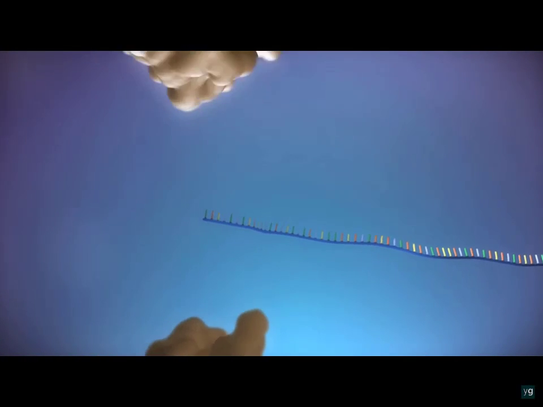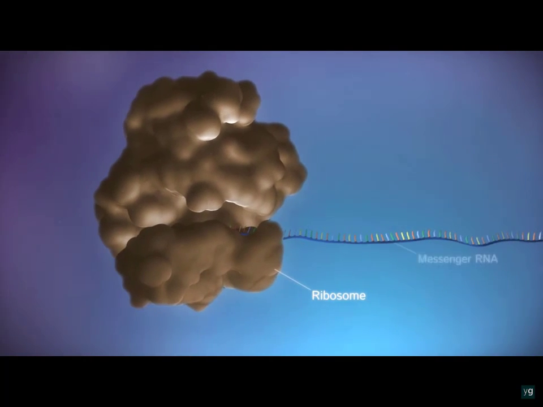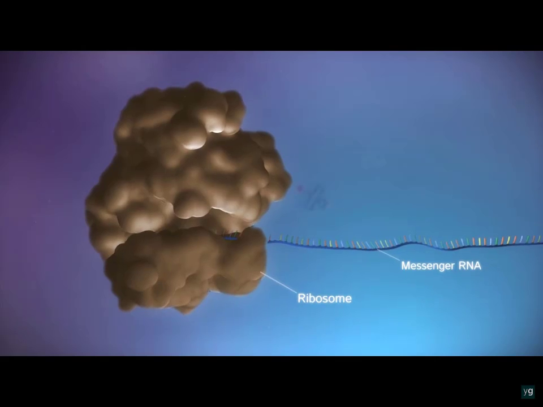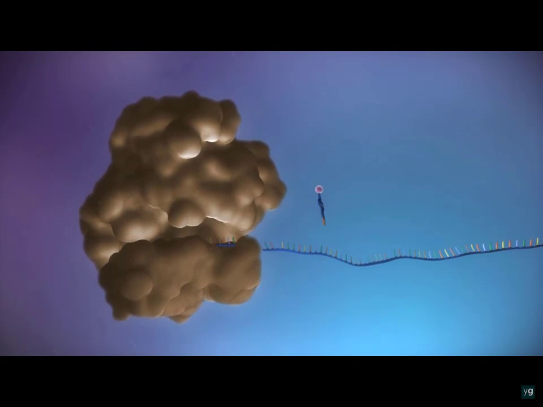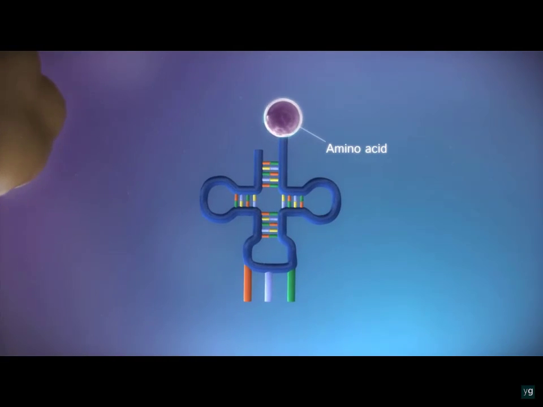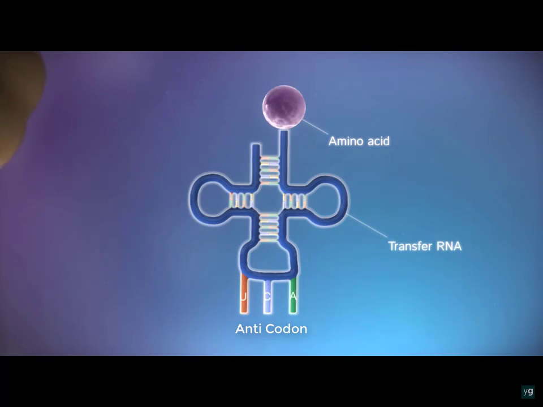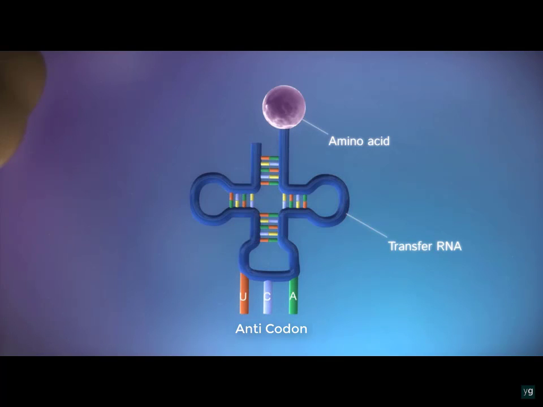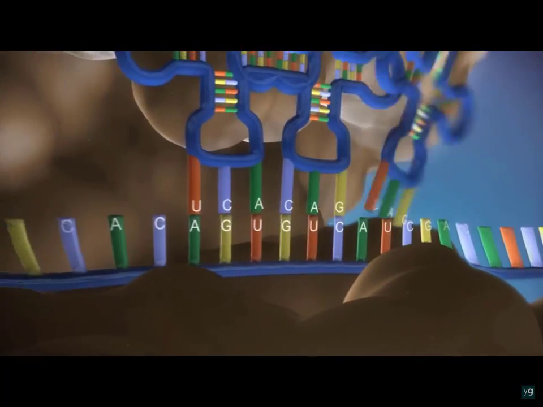Protein factories in the cytoplasm, called ribosomes, bind to the messenger RNA. The ribosome reads the code in the messenger RNA to produce a chain made up of amino acids. There are 20 different types of amino acid. Transfer RNA molecules carry the amino acids to the ribosome. The messenger RNA is read 3 bases at a time.